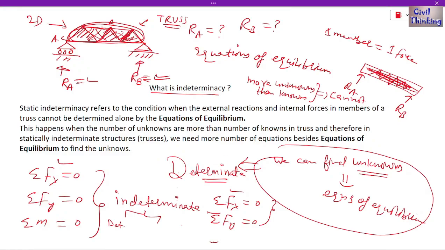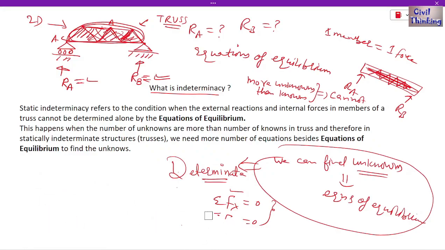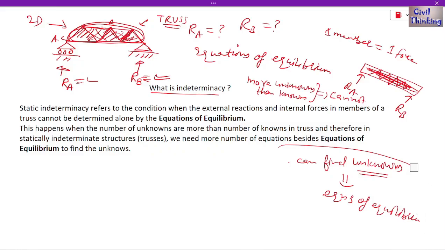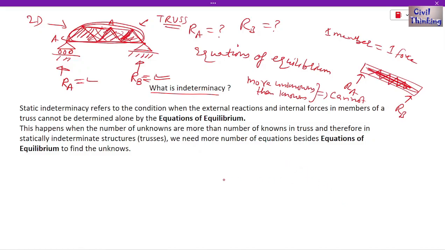Okay, I will write it more clearly here. Let me first erase all of this. Now, when knowns are equal to unknowns, we know in mathematics that using equations we can solve, so the structure is determinate, right?